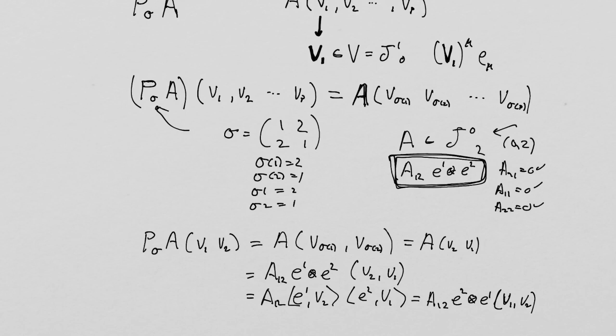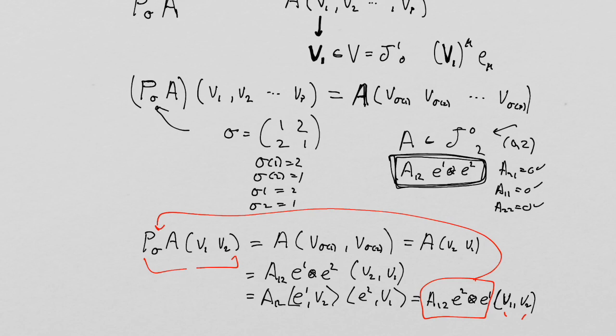Just to show the equivalence, the effect of this permutation operator, by reshuffling the indices, is creating a new tensor. This is the new tensor, acting on V1, V2.